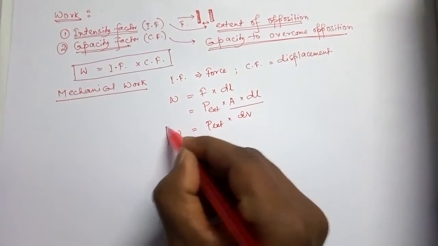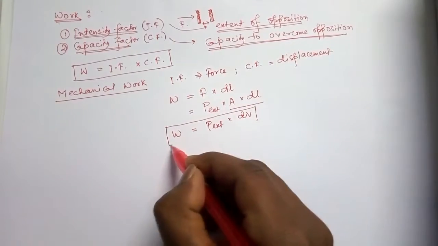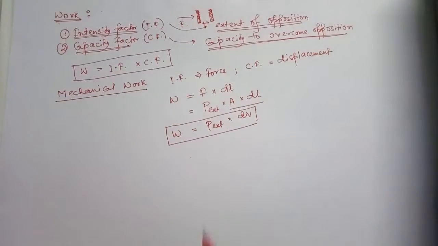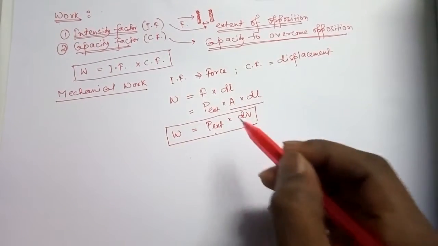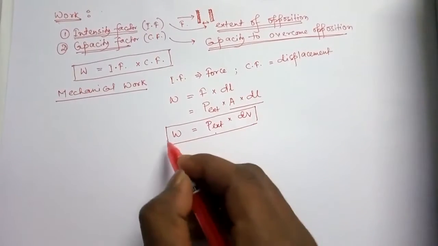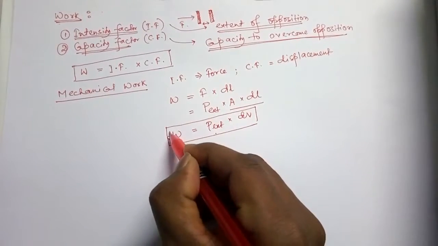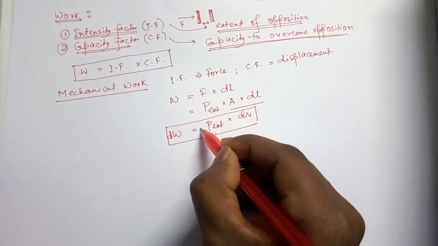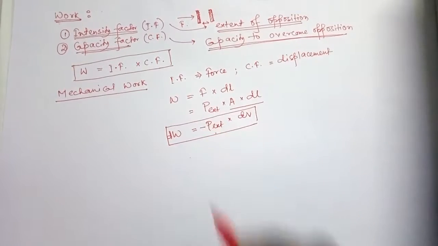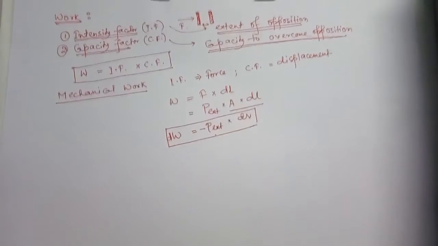That is the basic relation between work and pressure and volume. Now as there is a small amount of volume change, we can write dW, and here is one extra negative sign. Why this negative sign is used, I will talk about later.